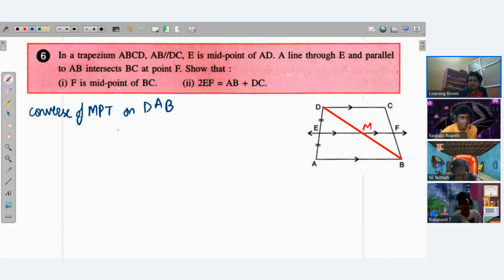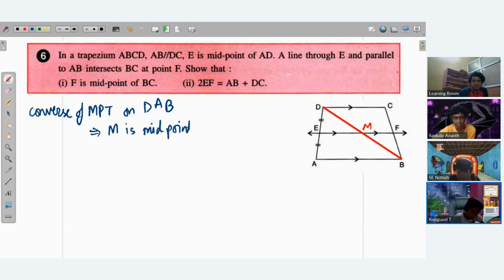Of course it is going to hit the midpoint of the other side. So it tells me that M is the midpoint of DB. That means this is equal to this one.